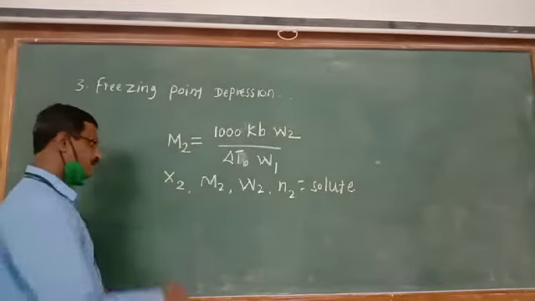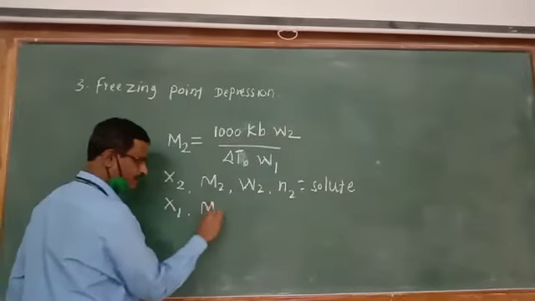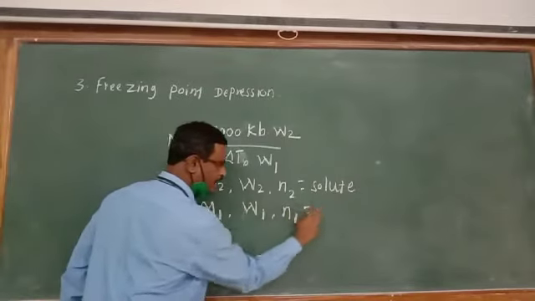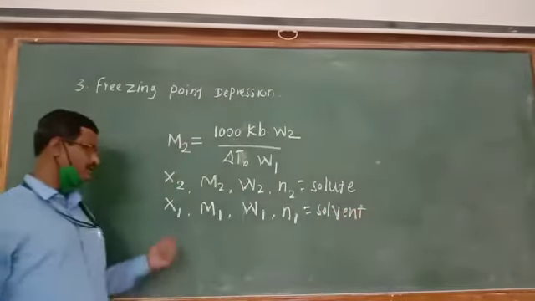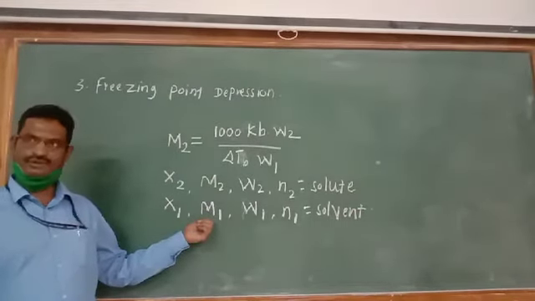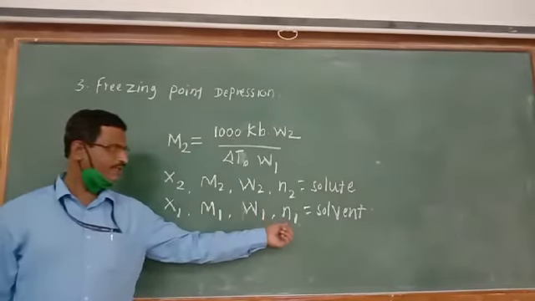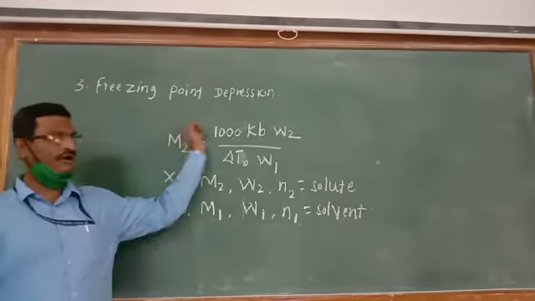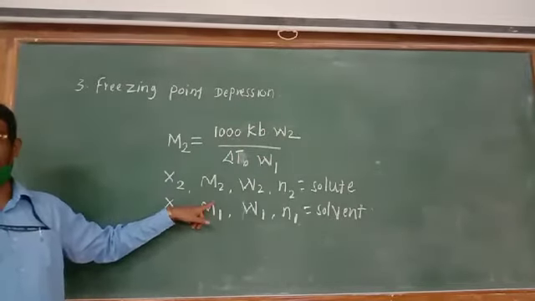On the other hand, for a solvent, the terms used are with 1, that is X1, M1, W1 and N1, where X1 is mole fraction of solvent, M1 is molar mass of solvent, W1 is mass of solvent, N1 is number of moles of the solvent. So this is what we have completed in our fourth video of the chapter Solutions.